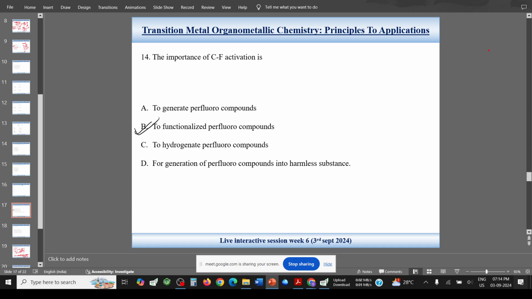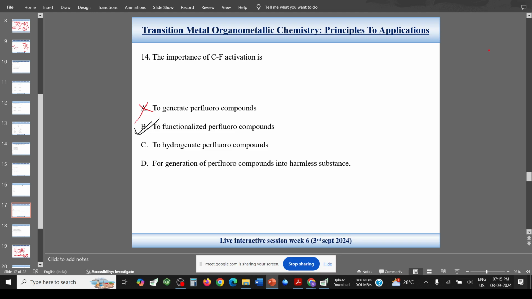So one answer you got, that is correct, you know it, you have confidence, that's good. But after getting it, don't stop reading all the options. Here the first option is to generate perfluoro compound. No, we already have perfluoro compound. We need to activate them.